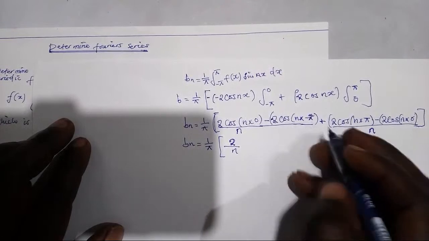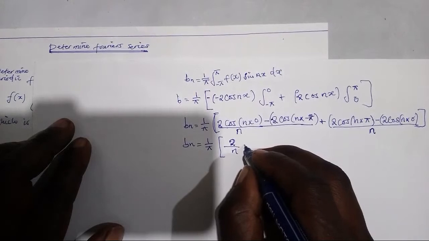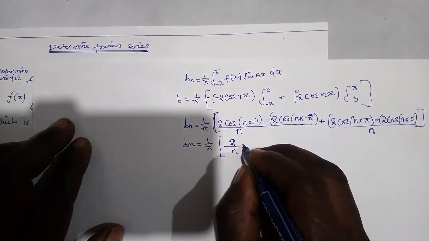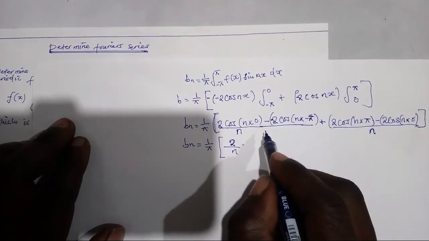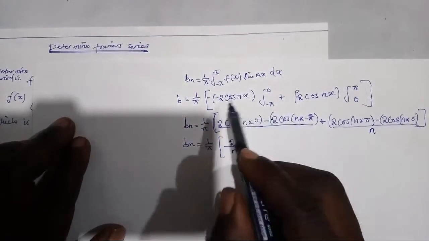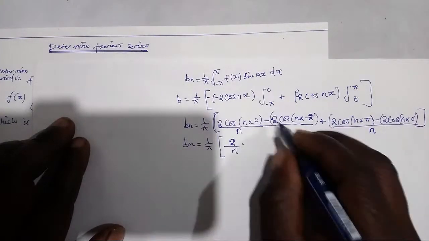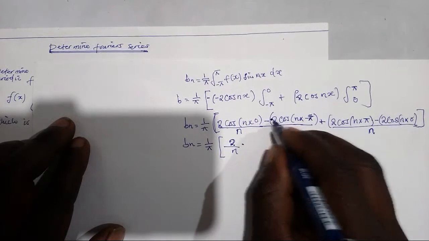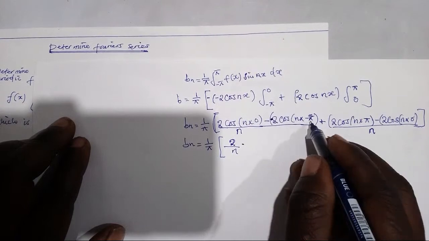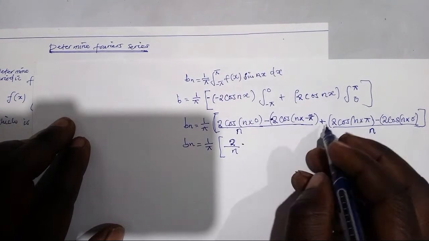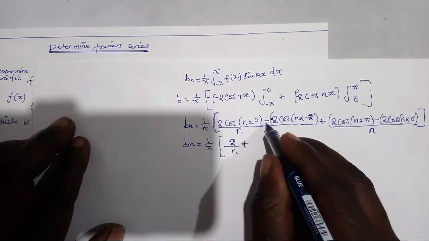Negative times negative is positive. Then 2 times n times the negative pi, you are going to have plus because of this negative which is here, so we are going to have positive here.